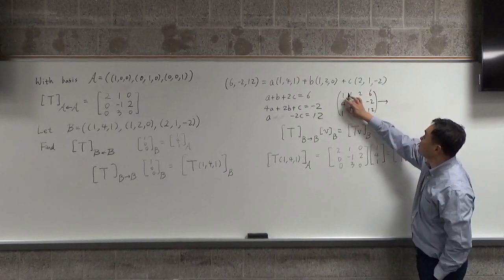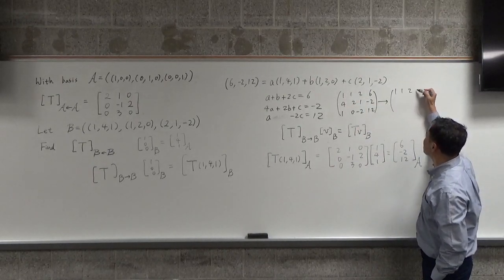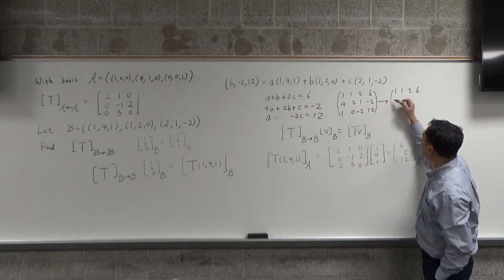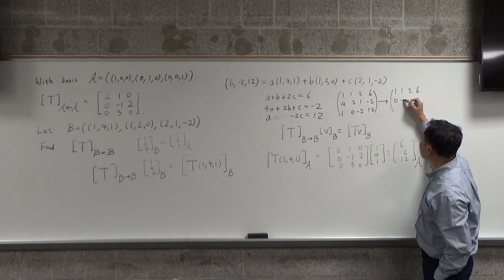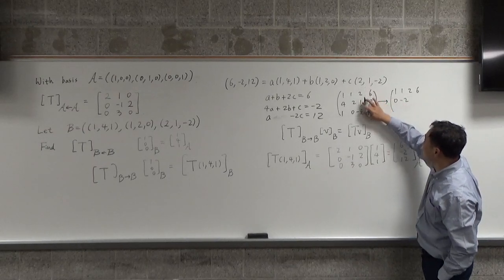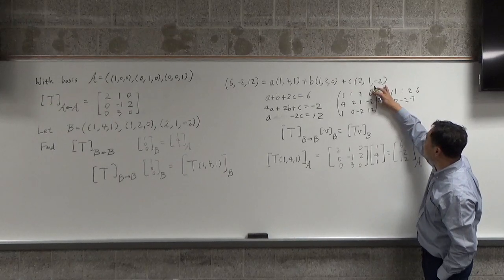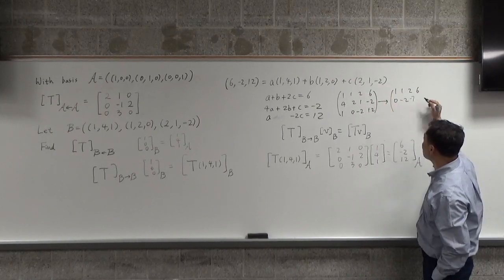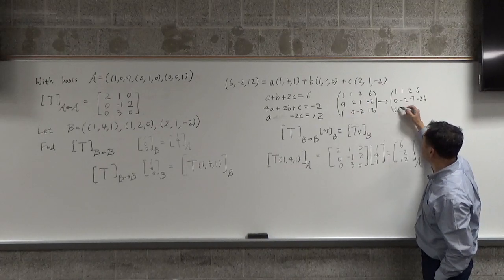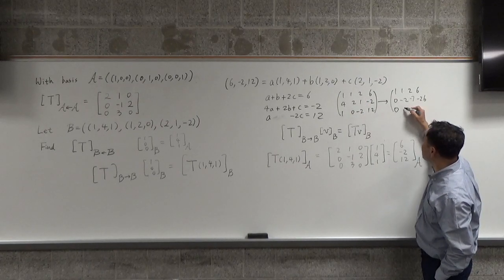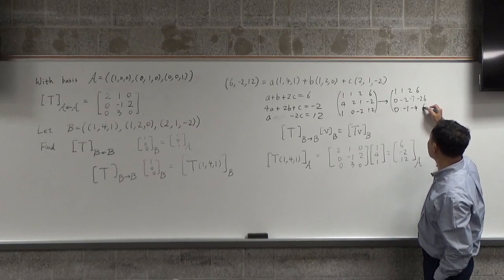If I take 4 times the top row, 1, 1, 2, 6, and subtract, that will be 0. 4 times 1 subtracted from 2 would be negative 2. 4 times 2 subtracted from 1 would be negative 7. 4 times 6 is 24, subtracted from negative 2 would be negative 26. And this one you just subtract, so it would be 0, and then negative 1, negative 4, 6.